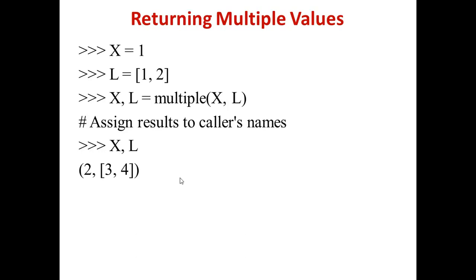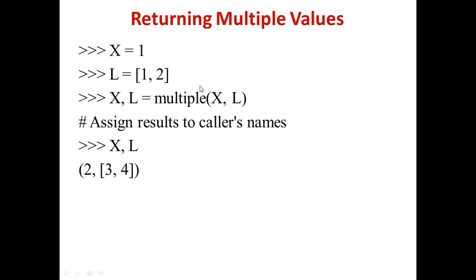They're taking an example, calling the same function. X has been assigned 1, and the L variable has been assigned a collection, the list 1 comma 2. Now they are calling this function multiple of x comma L, assigned to x comma L. So that is possible.